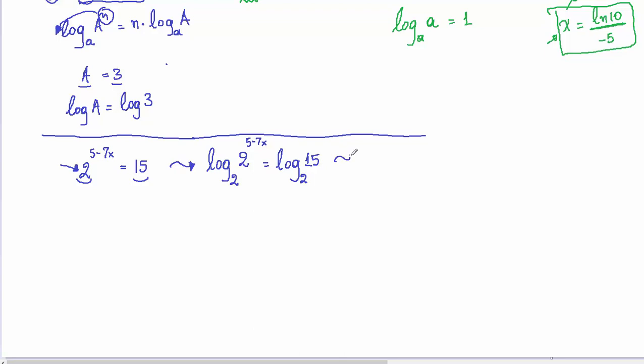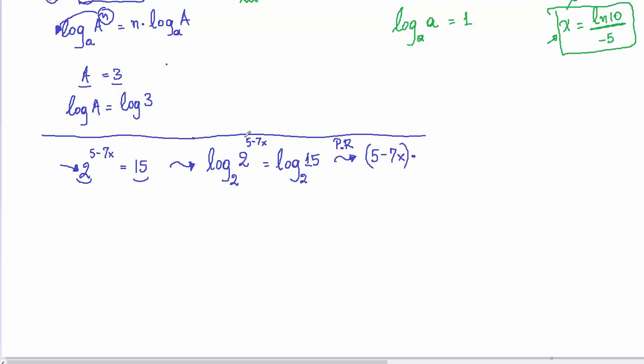And the next step will be using the power rule. Why? Because I want to bring the 5 minus 7x down from the exponent. So now I have 5 minus 7x. Put it in parentheses.